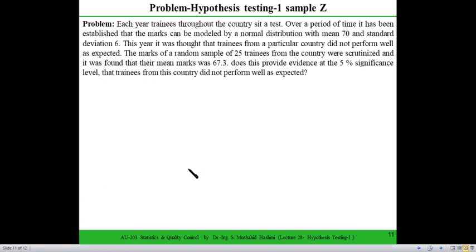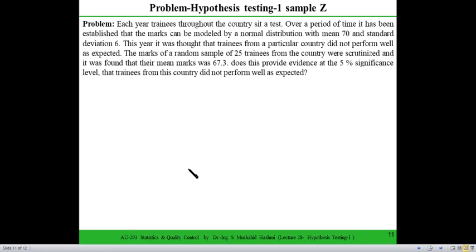This year it was found that the trainees from a particular country didn't perform as well as expected, and the marks of a random sample of 25 trainees from the country were scrutinized, and it was found that their mean marks were 67.3. Does this provide evidence at a 5% significance level that the trainees from this country didn't perform as well as expected?